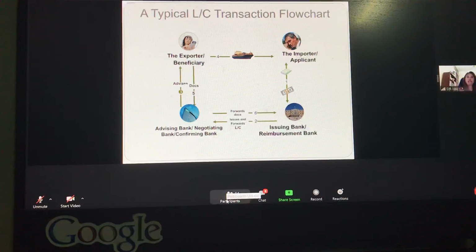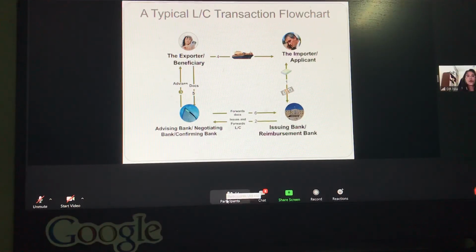And if the issuing bank pays, of course, the transaction cannot stop at step number 6. The transaction will have steps number 7, 8, 9. Okay?